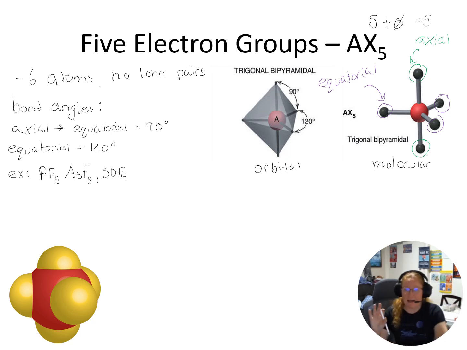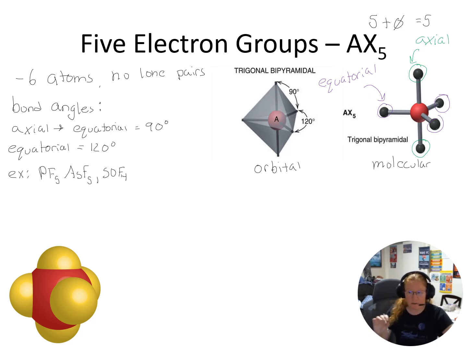Again, the only way we can get this geometry is if our central atom is in something from period 3 and below. So that last example I put on there, the SOF4, can the oxygen be the central atom? No, it can't. The sulfur has to be the central atom because oxygen's in period 2.